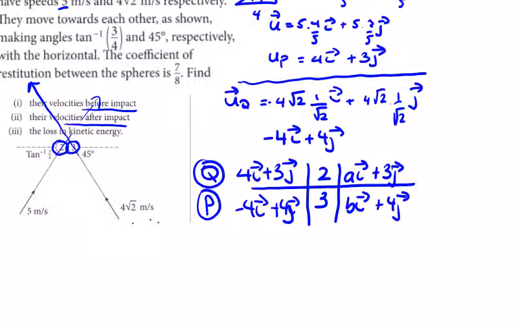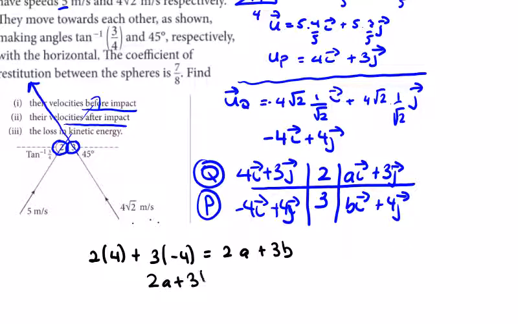Let's do that. So we'll have 2 times 4 plus 3 times minus 4 is equal to 2a plus 3b. So 2a plus 3b is equal to 8 minus 12, minus 4.